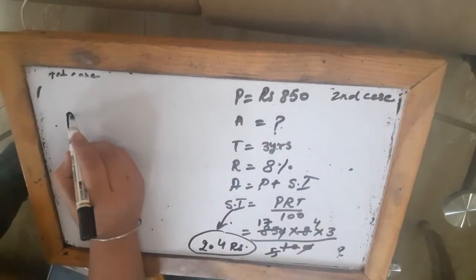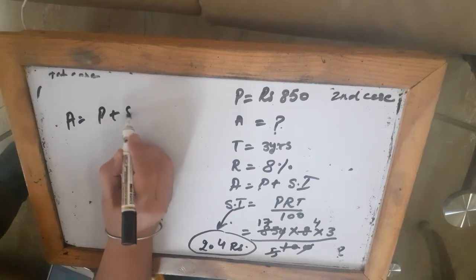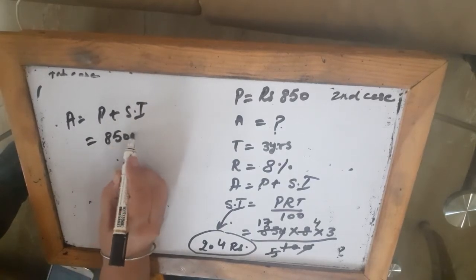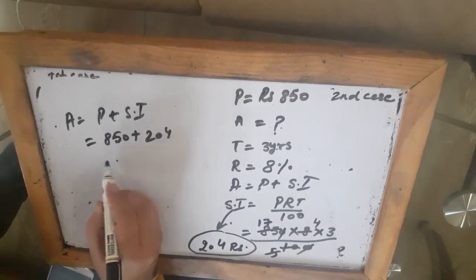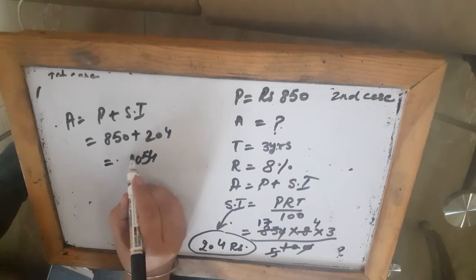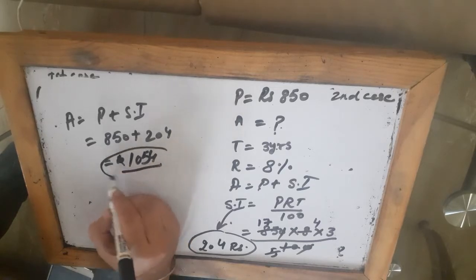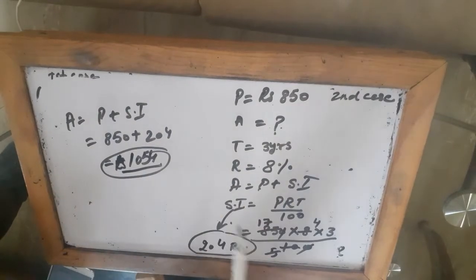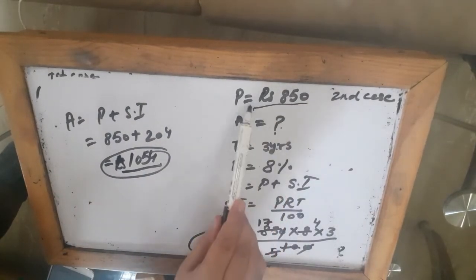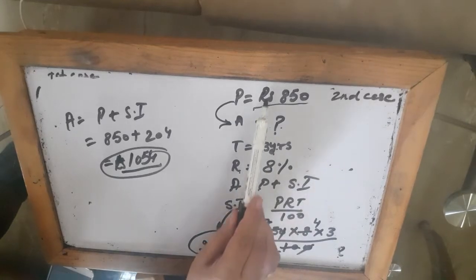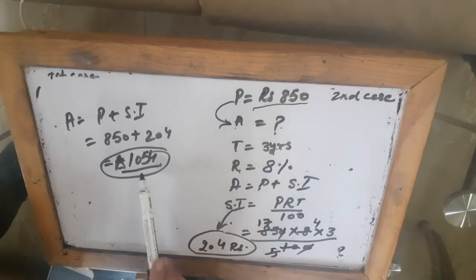Now to find the amount, principal plus simple interest means 850 plus 204, which is 1054. So what was the question? What this principal sum of money will amount to in 3 years at the same rate of interest. So this 850 will amount to rupees 1054 in 3 years.